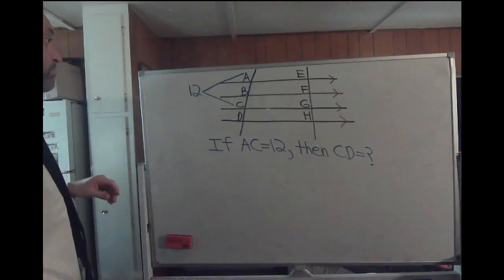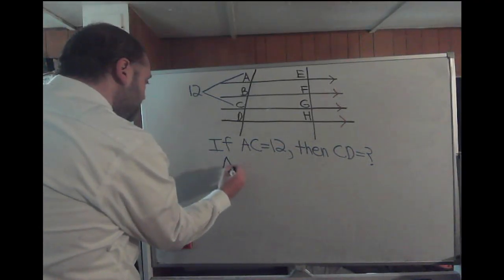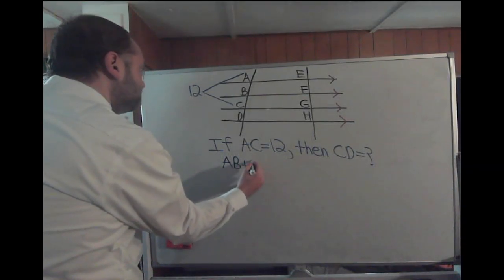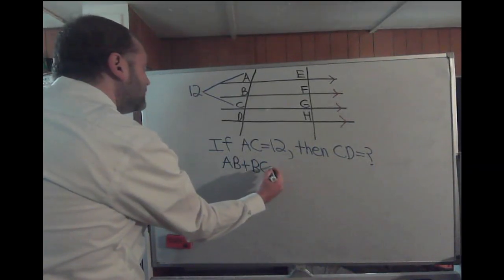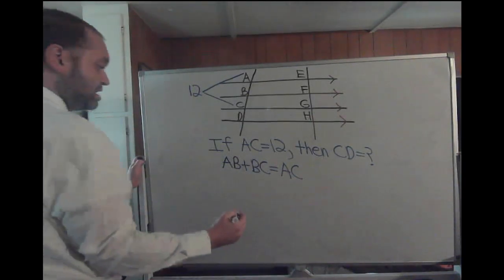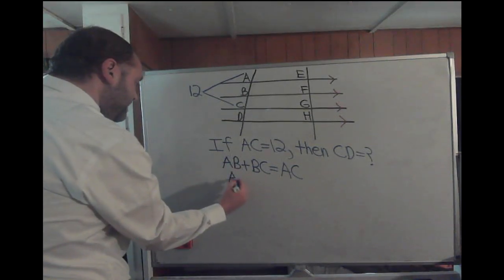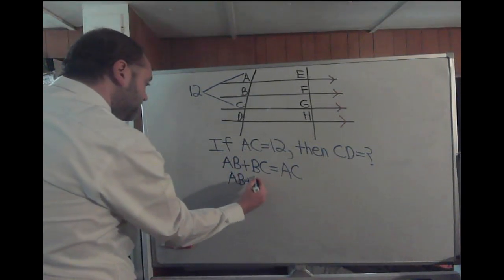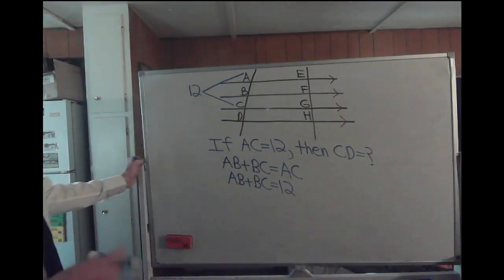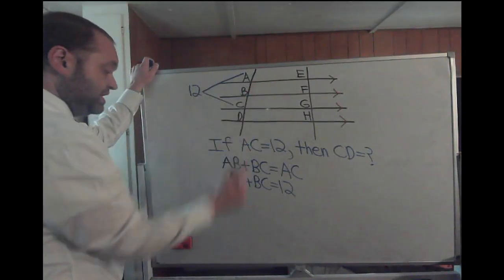Well, isn't it true that AB plus BC equals AC, right? Well, in that case, AB plus BC equals 12. Well, we know these are congruent segments.